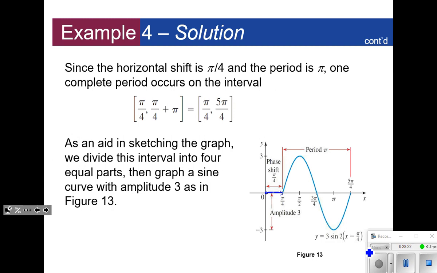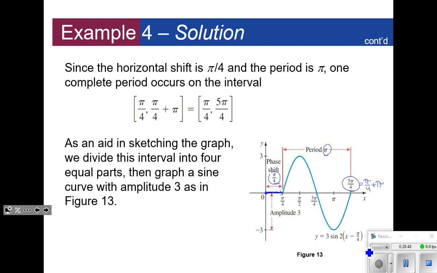Because we shifted over pi over 4, and our period was pi, our phase shift is pi over 4, our period is pi. That's why we end at 5 pi over 4. 5 pi over 4 equals pi over 4 plus pi.